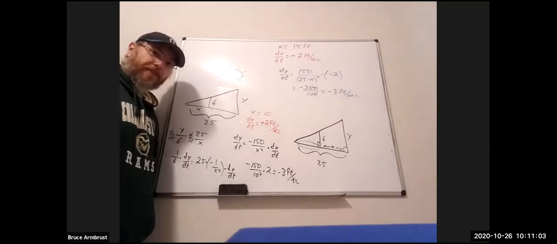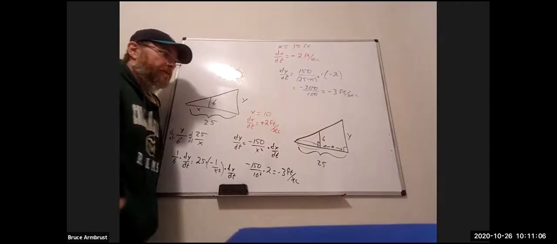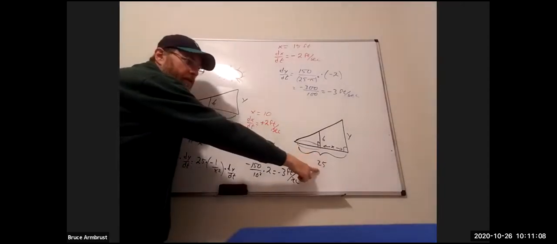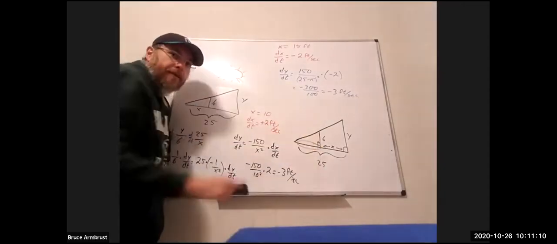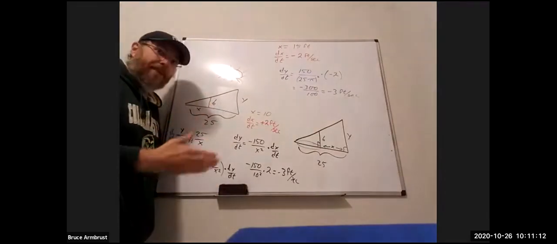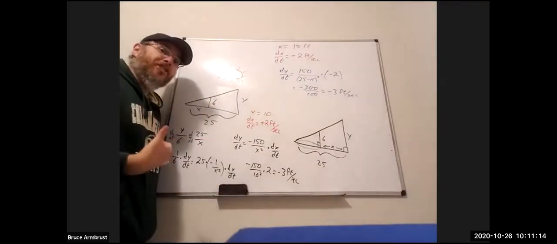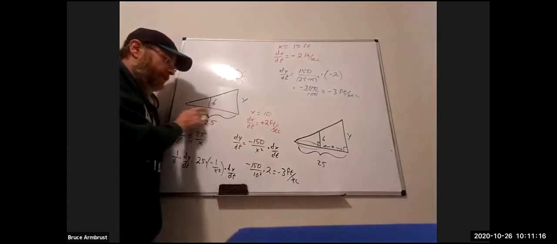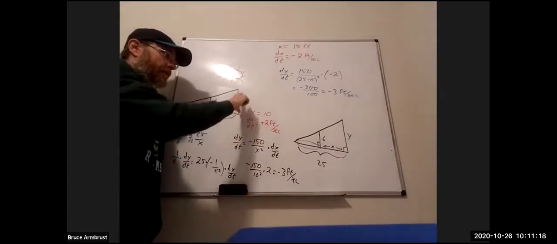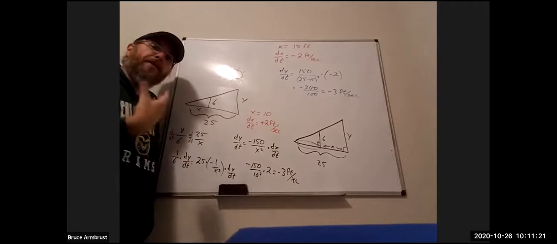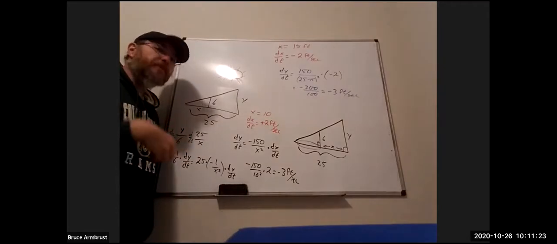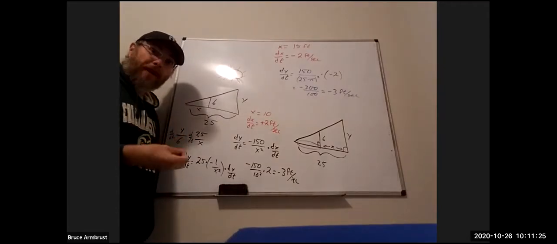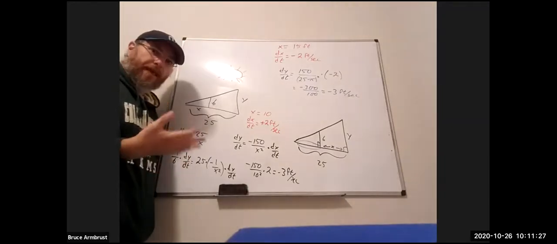If it's fixed, use that number. The distance to the wall, the height of the man, those are set numbers. For things that changed, the distance between the guy and the light, the height of the shadow, the things that change, make sure you leave them as variables until the end.